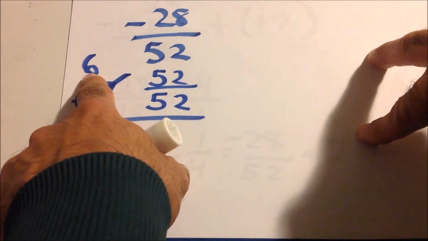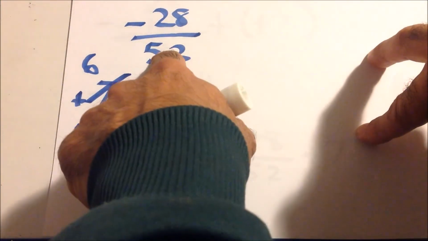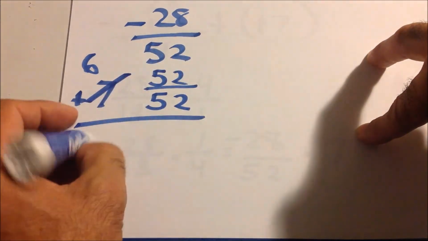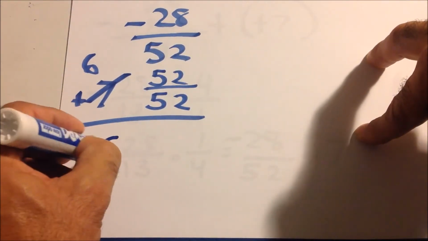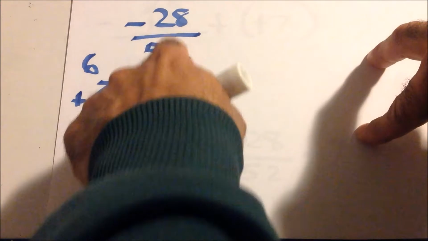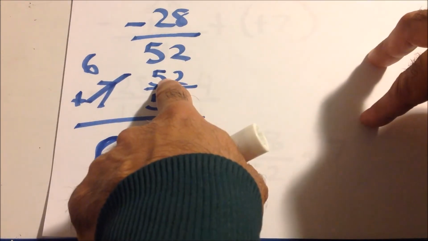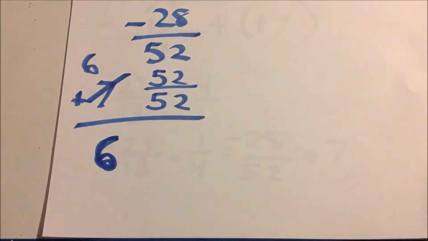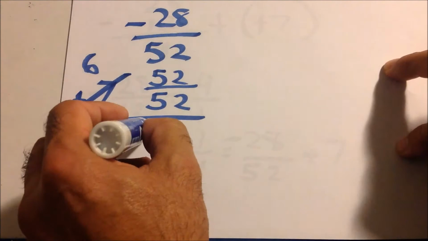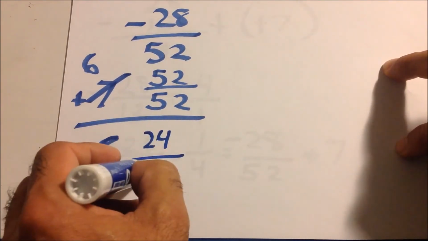Whenever we borrow one, we're borrowing the denominator. So now we have a positive 6, and a positive fraction here. So it's negative 28 plus 52, so we get 24 over 52.